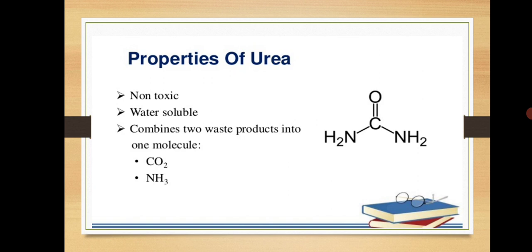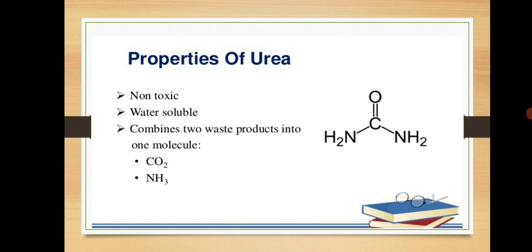Now urea and carbon dioxide are both harmful products. So urea, with the help of carbon dioxide, is excreted out, and that is called the urea cycle.